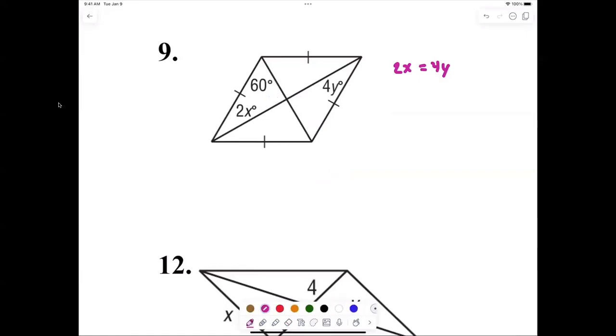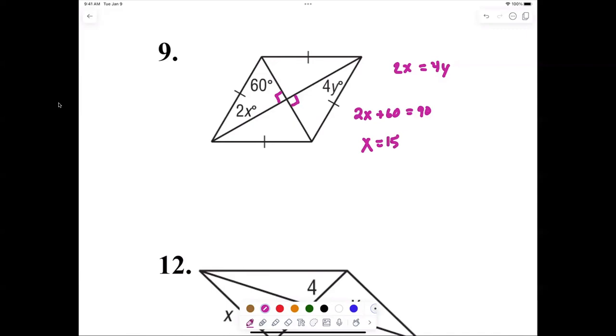Because they are perpendicular, that means this is a 90-degree angle, and the other ones too. So what's X going to be? 15. Well, we know that 2x plus 60 must equal 90, right? So X would be 15.